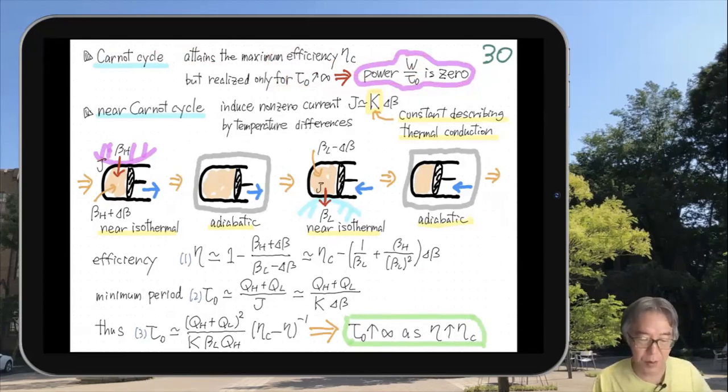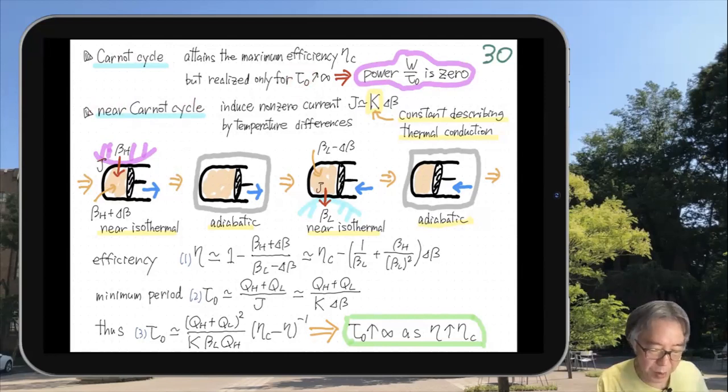As a starting point, we can think about perturbing the Carnot cycle a little bit and consider something that I call a near-Carnot cycle. I want to somehow speed up the Carnot cycle. So why was the Carnot cycle so slow?